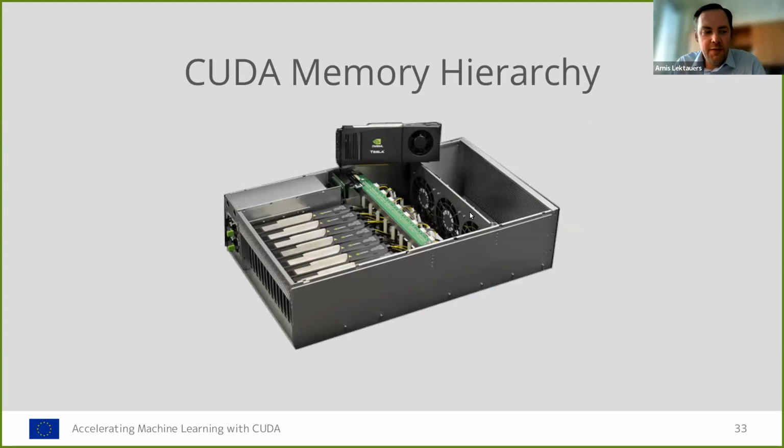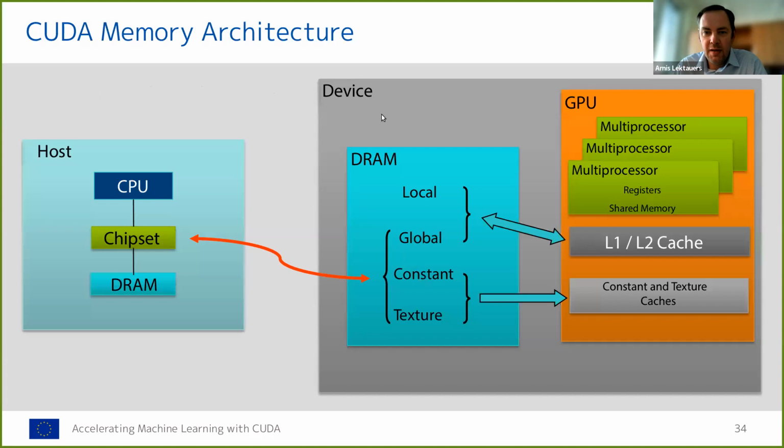Now I will shortly look at memory types, not going into all the memory types the GPU has, due to the limited time. There you can see what components are related to the GPU memory.